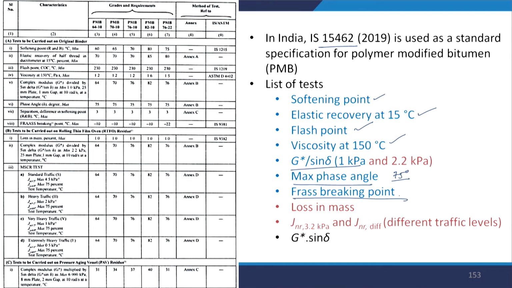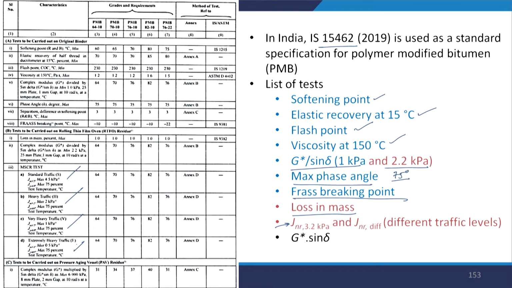On short term aged condition, after doing RTFO aging, we have to find out the temperature corresponding to G star by sine delta at the rate 2.2 kPa. Then we have to also assess the loss in mass, and similar to what we saw in PG plus specification, here also the grading of the binder is almost inspired from a similar PG grading system, where we have to ensure that the JNR at 3.2 kPa, the unrecoverable creep compliance at 3.2 kPa, does not exceed a particular value, and this value depends on the traffic level.